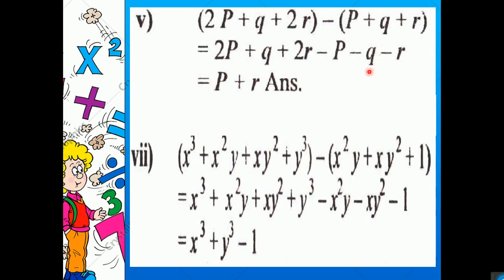And plus q minus q cancel with each other due to opposite signs. And plus 2r minus 1r, it is equal to plus r. Plus 2 and minus 1, we will get plus 1, r as it is. So our answer is p plus r.